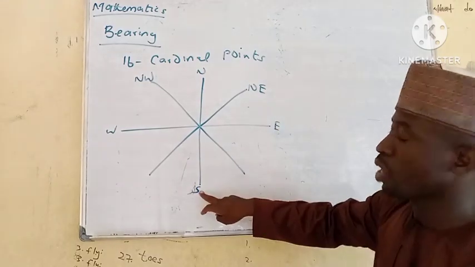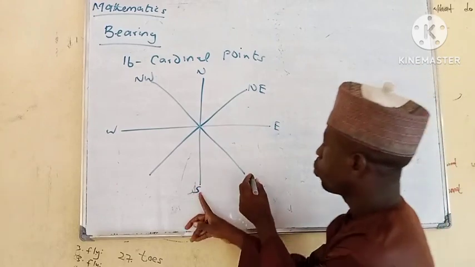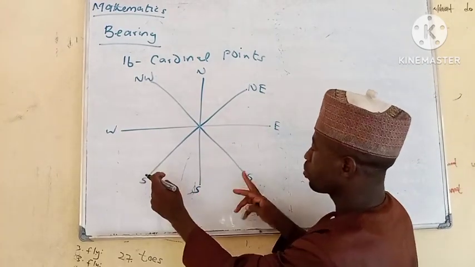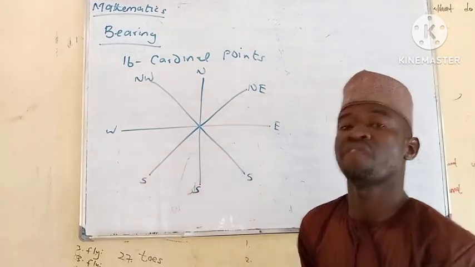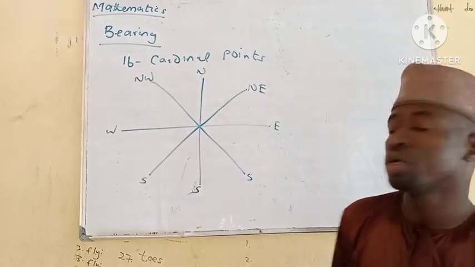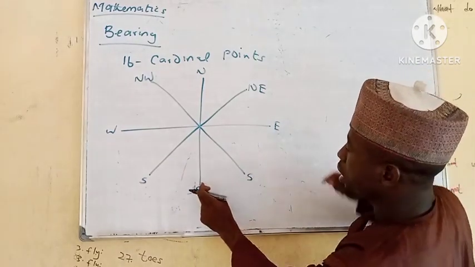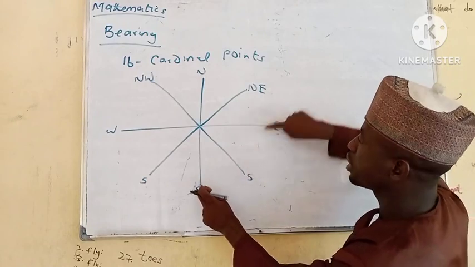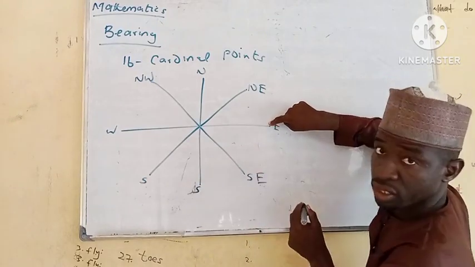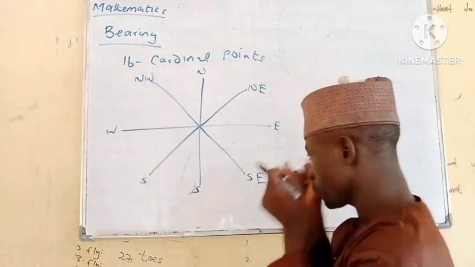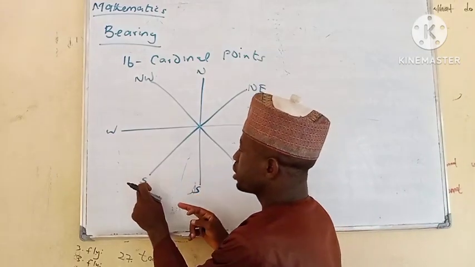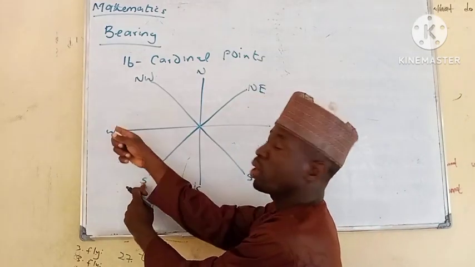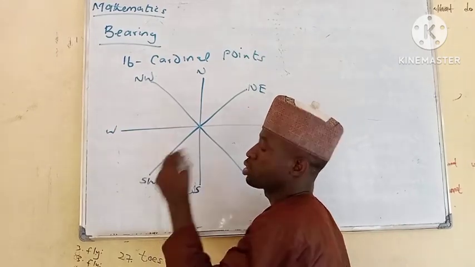Now this is east, this is south. So now this south will come first in this point and in this point. So now this point is in between south and east, so it is just southeast. We don't have east south. Then this point now is in between south and west, so it is just southwest now.